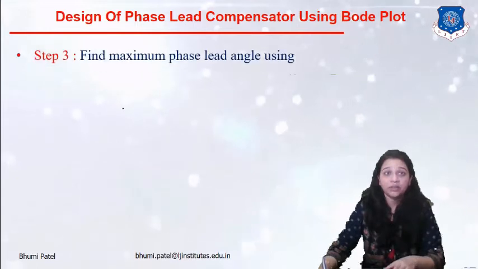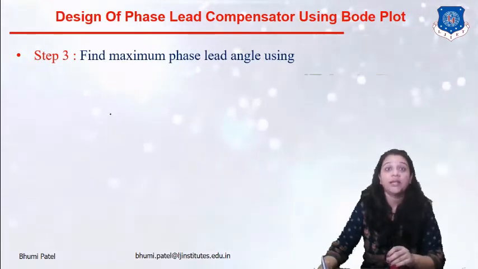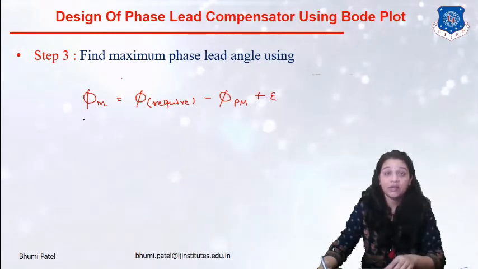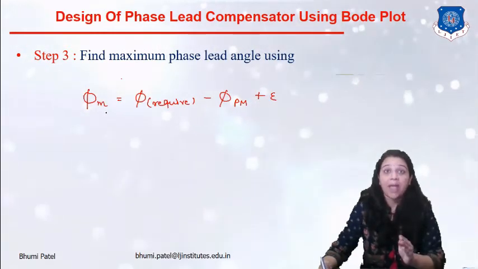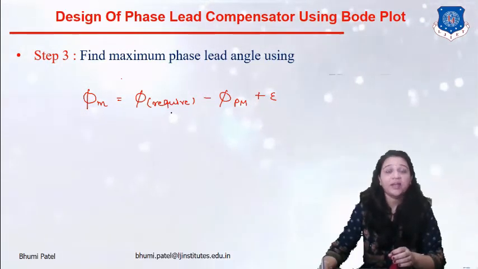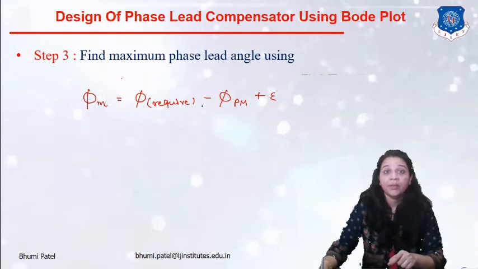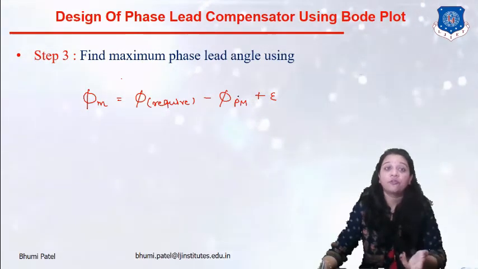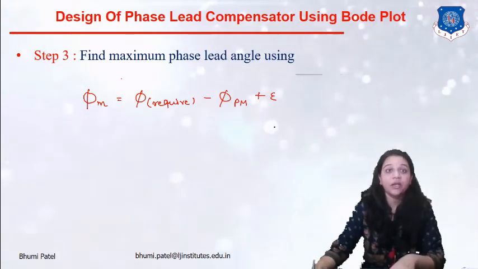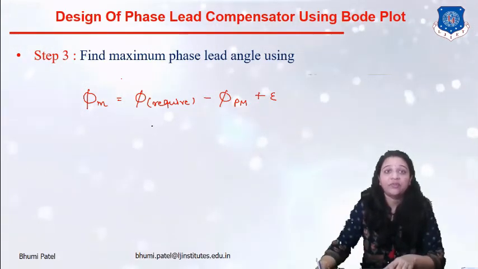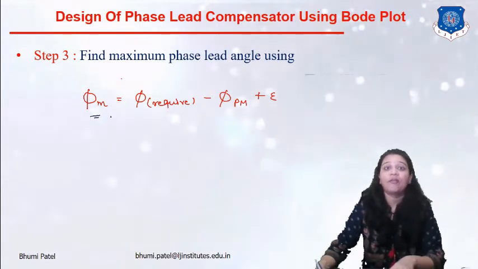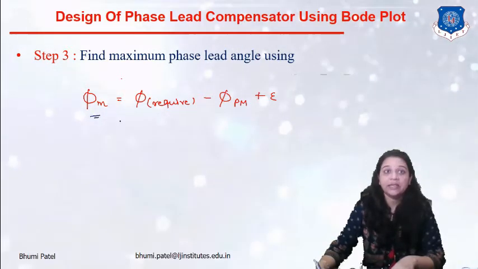Now step number 3: we have to find the maximum phase lead angle using the equation phi m. That means the maximum phase angle is equal to phi required, the value of which is given in the question, minus phi pm, which we found in step number 2, plus epsilon. So put the value of phi required in this equation, and we find the value of the maximum phase lead angle.